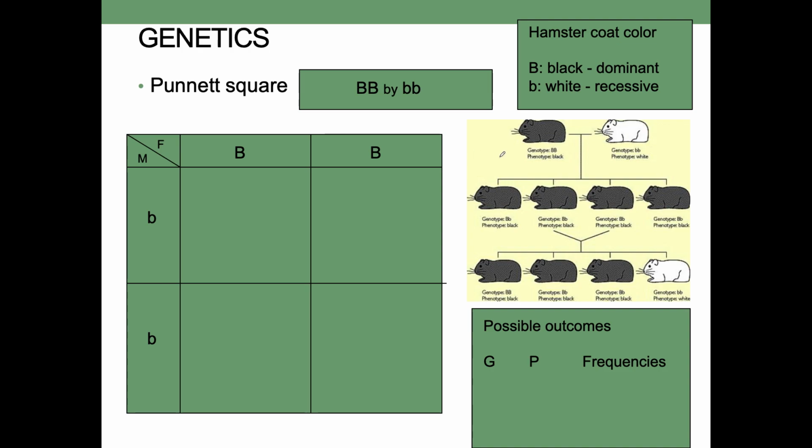And so one parent has the genotype homozygous dominant, big B, and the other parent has the genotype homozygous recessive, little b. And so if we combine alleles from both parents to figure out what are the possible combinations for the kids, what are they? Take a second and do this yourself.